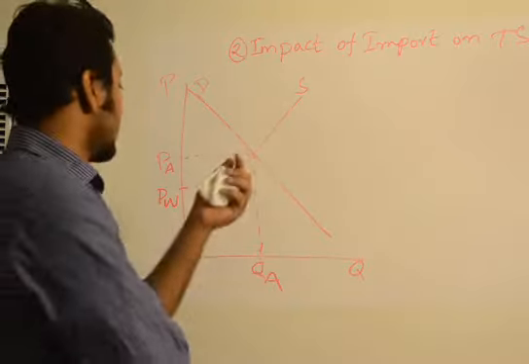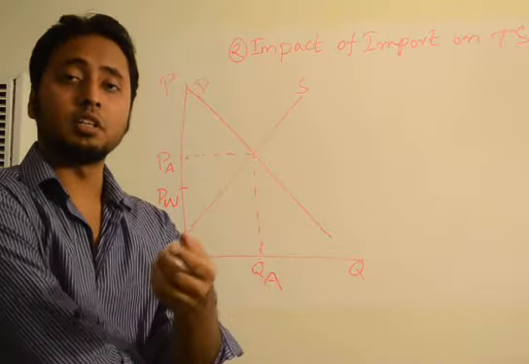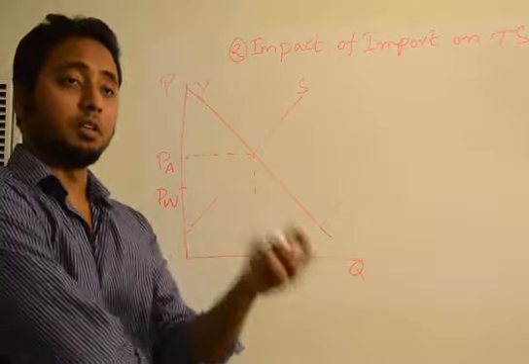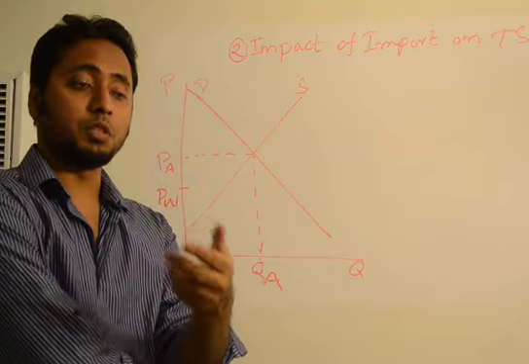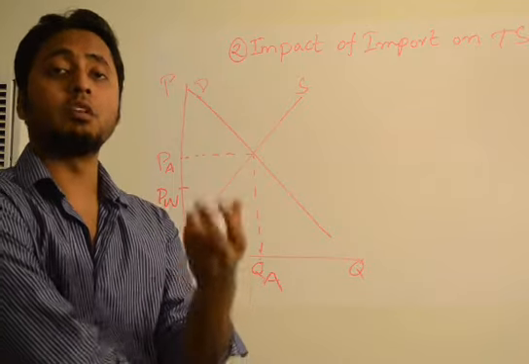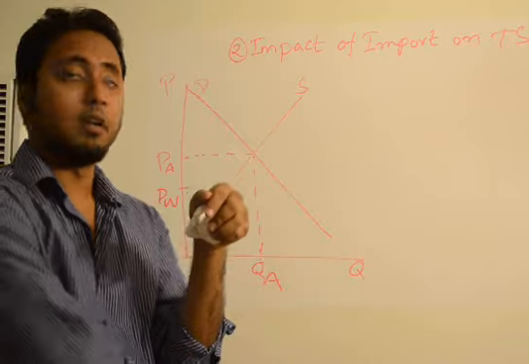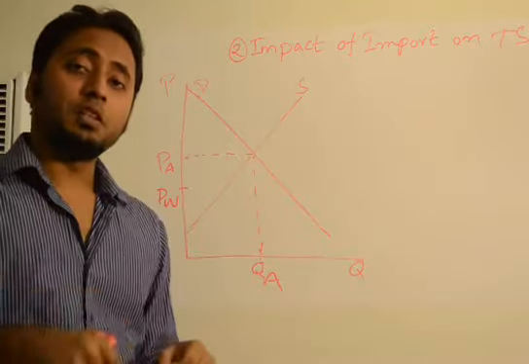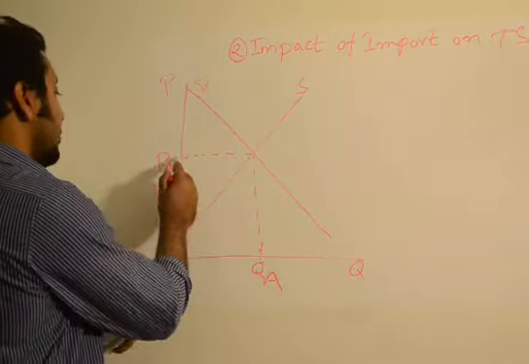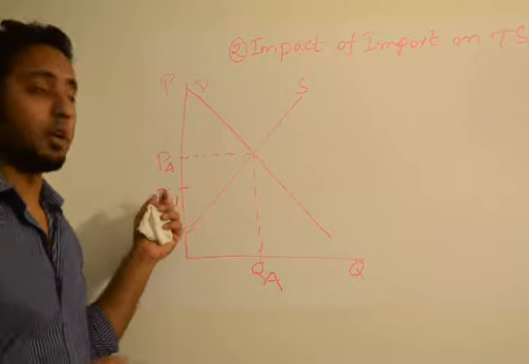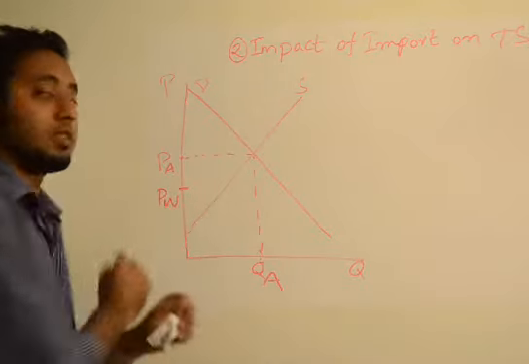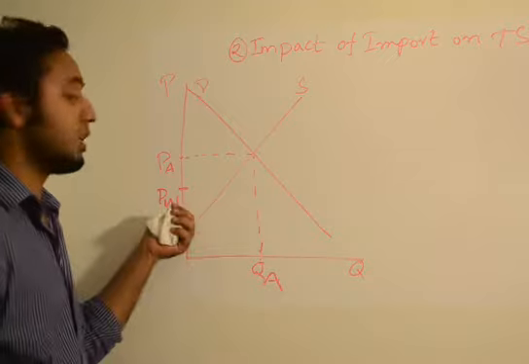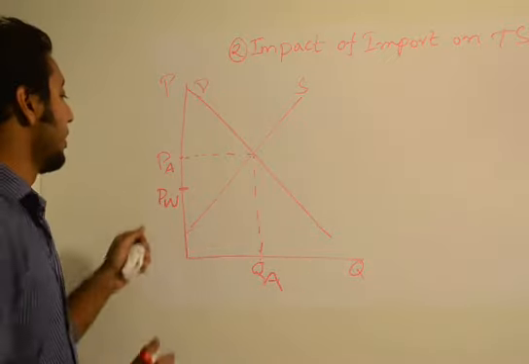Because you are charging a lower price in the market, the domestic companies, to remain competitive, will also keep decreasing their price. So the price in the domestic market will keep decreasing from PA until it reaches the world price PW. Okay, so the domestic price now becomes PW instead of PA.